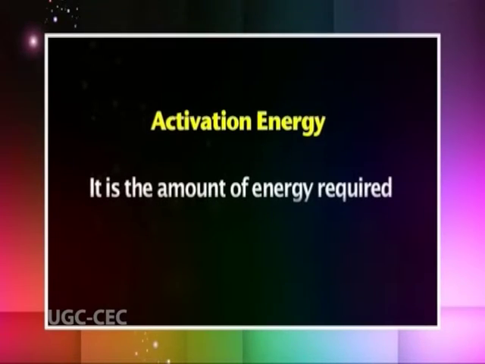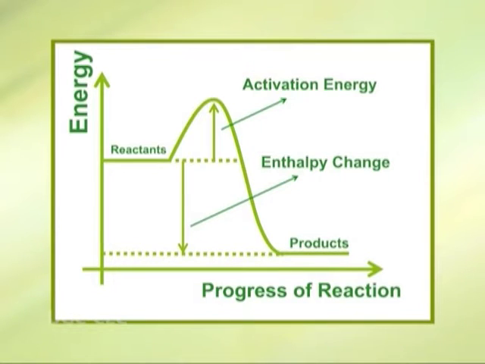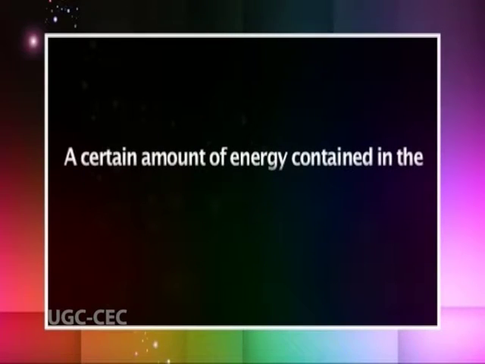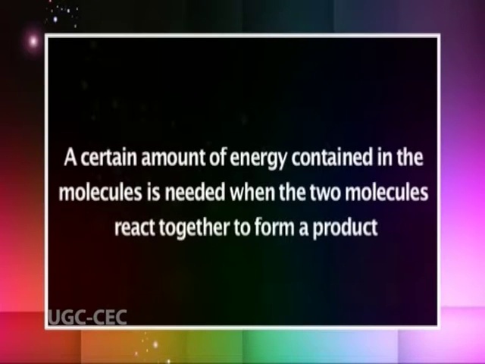An enzyme works by lowering the activation energy, which is the amount of energy required for reactants to form products. They also lower the kinetic barrier, which is needed to drive a reaction forward and backward. A certain amount of energy contained in the molecules is needed when the two molecules react together to form a product.